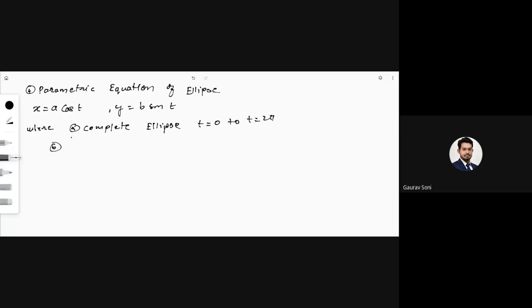And if it is the upper arc of an ellipse, then t is running from 0 to t is equal to pi.